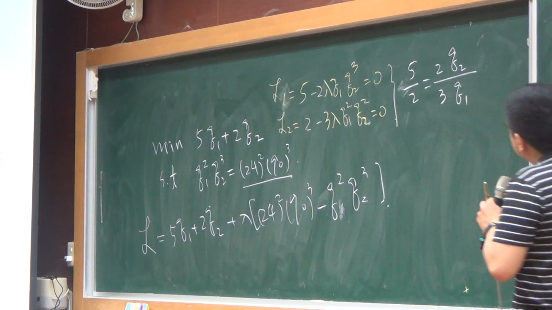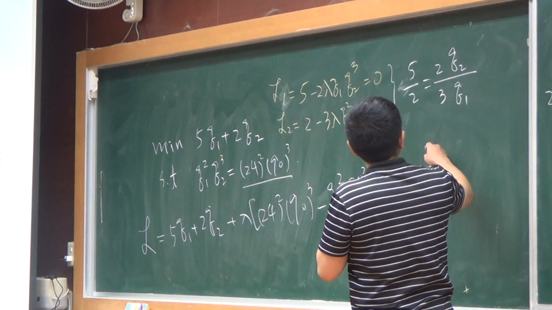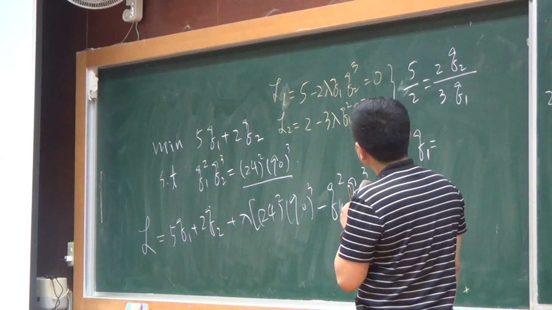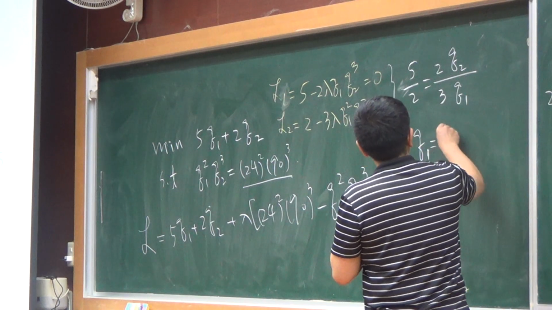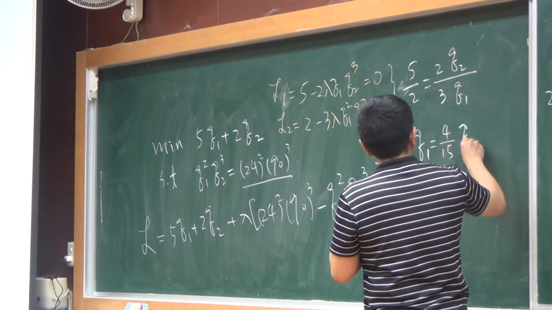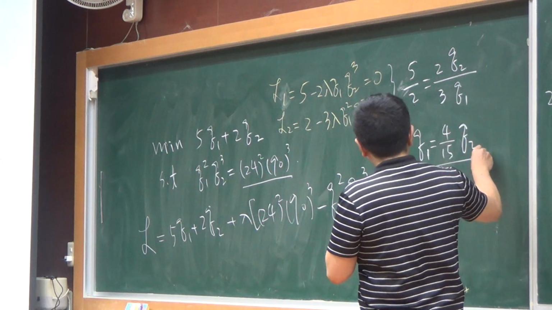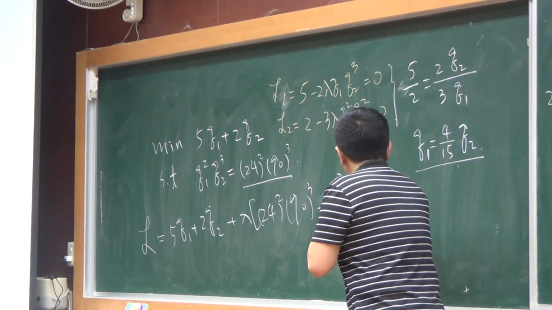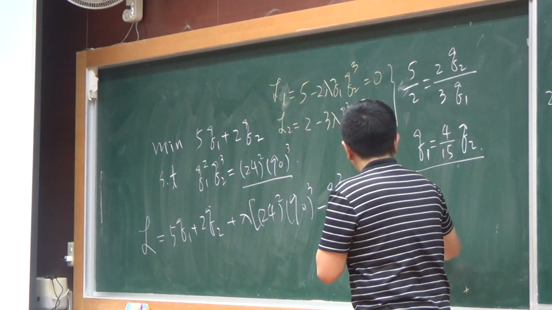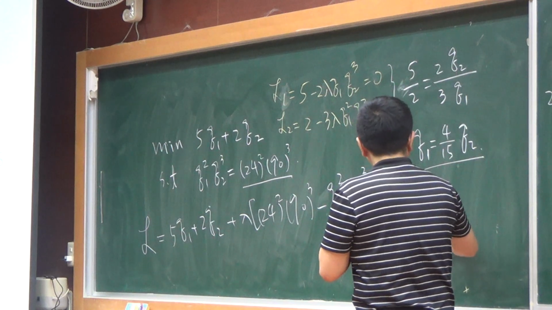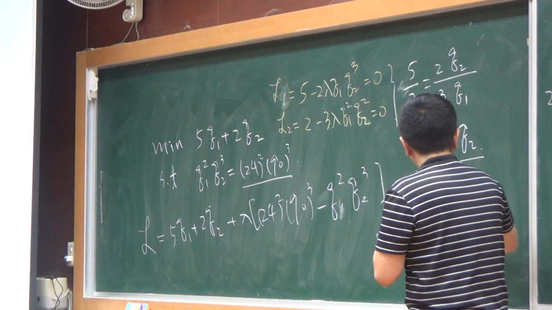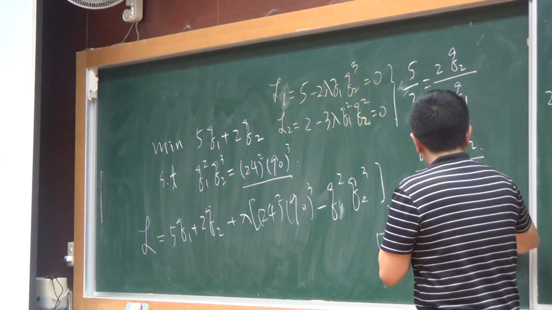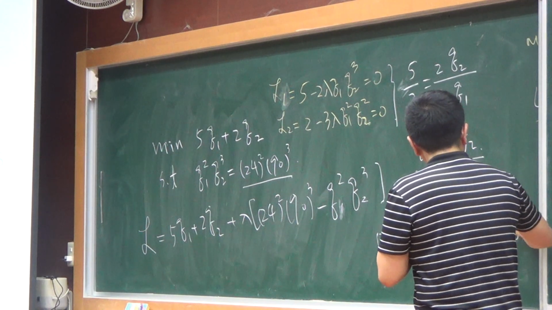Okay? So Q1 equals 15 over 4 Q2. And we replace this into the budget constraint. 24 squared 90 cubed minus 15 over 4 Q2 squared Q2 cubed.